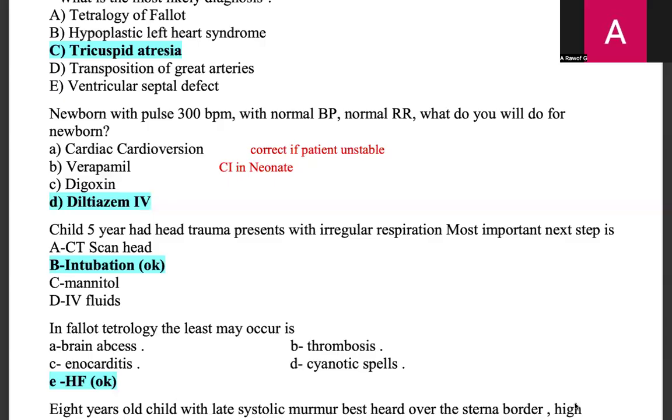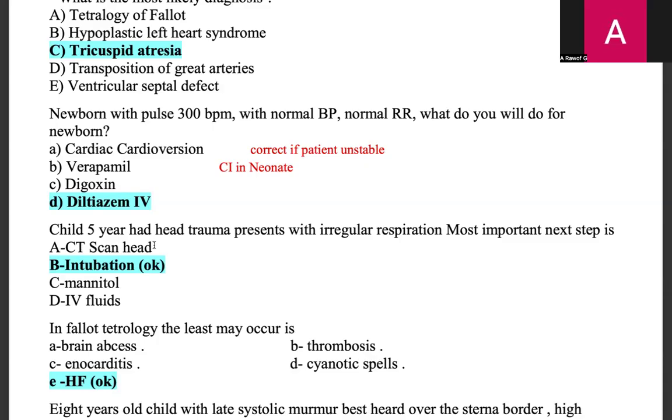There is no option here for adenosine or for putting ice on the baby's face. So you will select diltiazem. Correct if the patient is unstable. It is contraindicated in neonates.